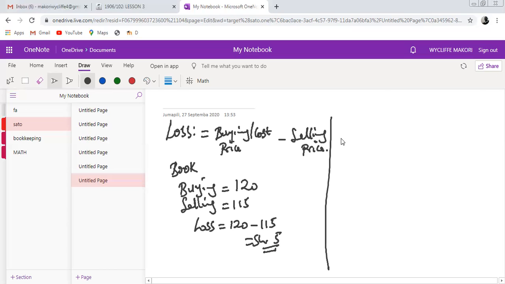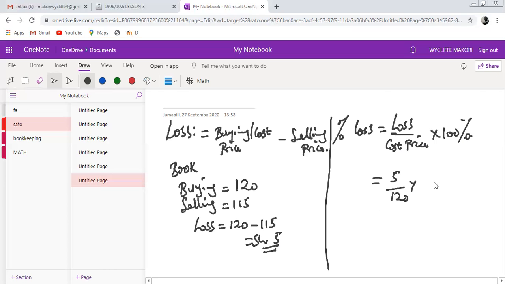We can also be asked to determine the percentage loss, which is normally given by the loss that was incurred over the cost price. Then we multiply by 100%. So for our example, the loss is 5 over the cost, which is the buying price of 120.